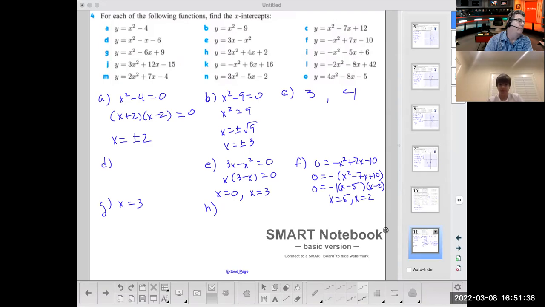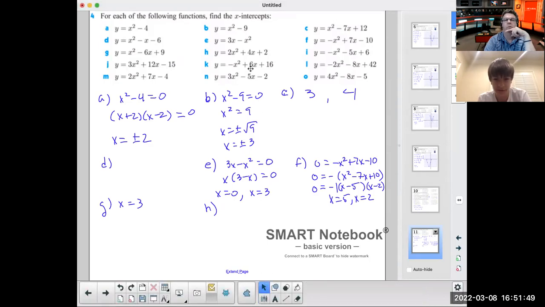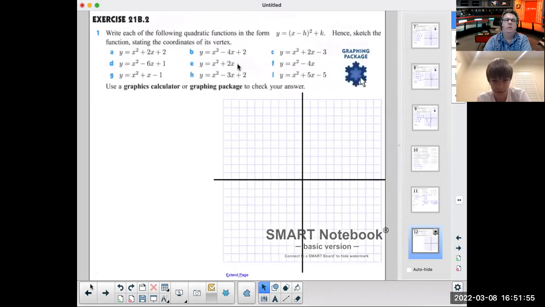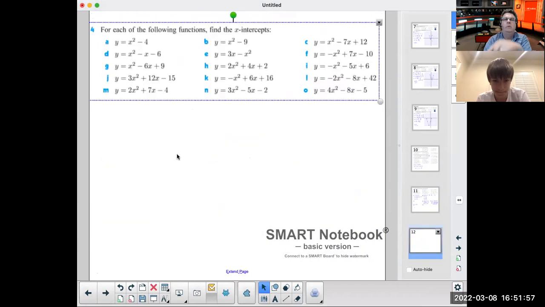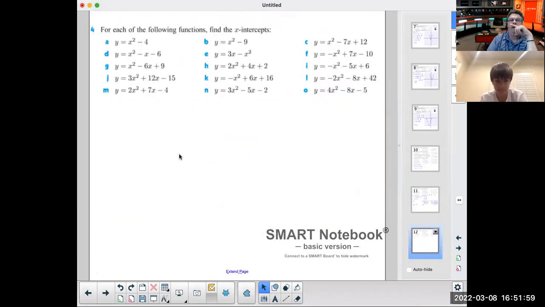Two and -8 for K. I'm not sure about that. Oh, wait, let me see. -16. The factors can be 8 and -2. Hold on. So did you factor out a negative?